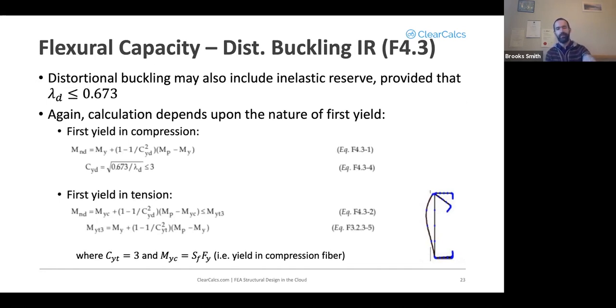It can be considered based upon whether your lambda is less than 0.673, or that is if distortional buckling is likely to happen only after yielding. And again, the calculation depends upon the nature of the first yield, whether it's in compression or tension. These equations will actually look very similar to what you already saw in local buckling.